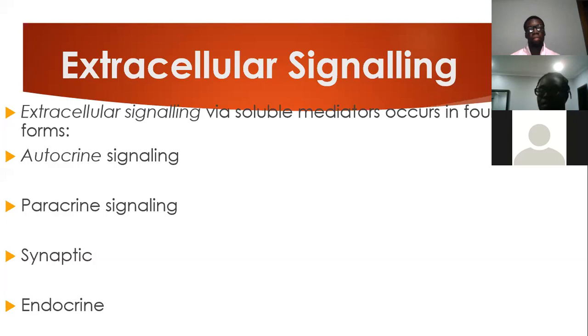Cells send signals amongst themselves. The signals are sent by either autocrine signaling, paracrine signaling, synaptic signaling, and endocrine signaling. I'll proceed to explain each of these.